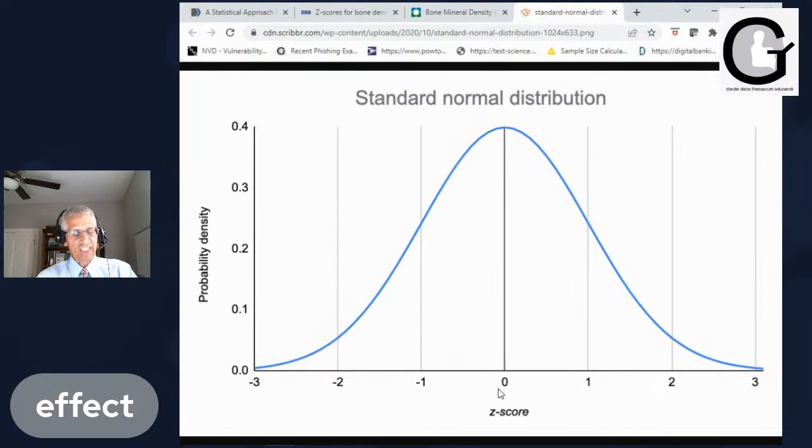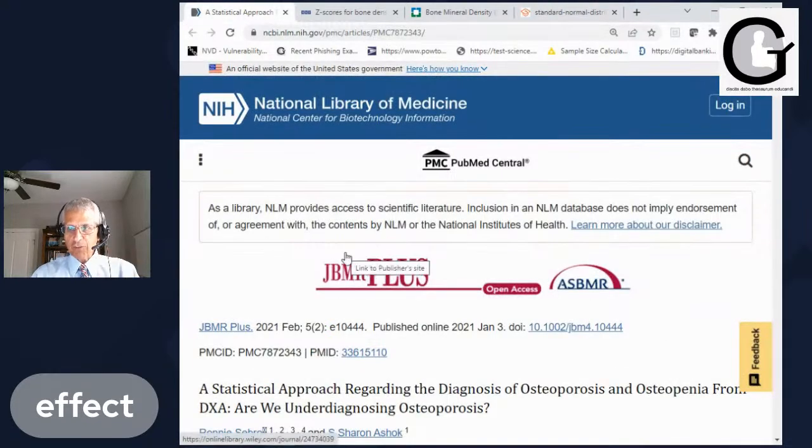In a standard normal distribution, 0 is the mean, and 1 is the standard deviation. So if you have mean plus 1 standard deviation, you have 0 plus 1. Mean plus 2 standard deviations, you have 0 plus 2. And this all gets into statistics, something that you've probably had nightmares about since your undergrad days. But that is what we're talking about, and this is a statistical approach.